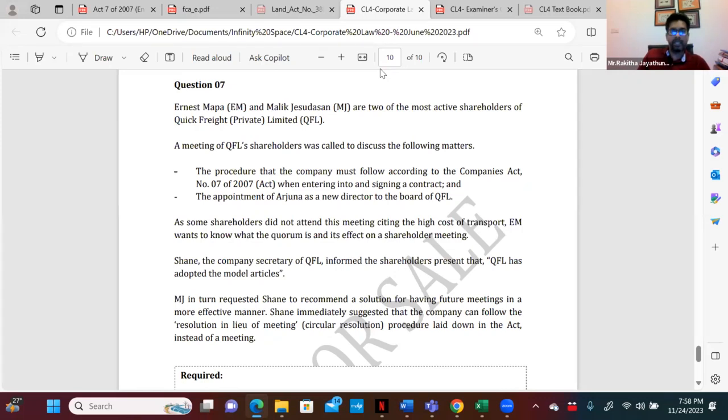As some shareholders did not attend this meeting, citing the high cost of transport, EM wants to know what the quorum is. What do you mean by the quorum? Can someone give me the answer, please?